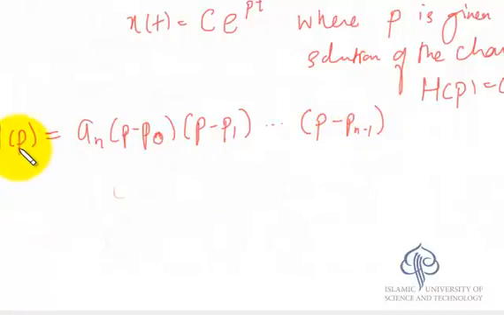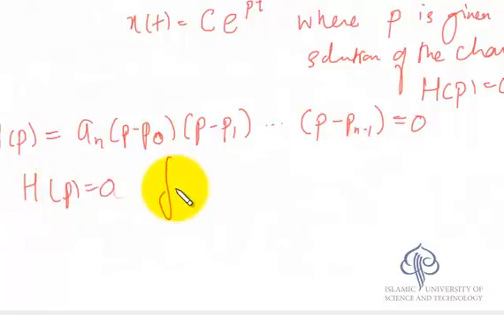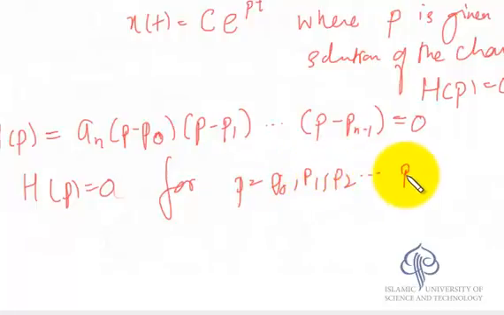If you're able to write something like this, then H(p) is equal to 0 for p is equal to p0, p1, p2 up to pn minus 1.